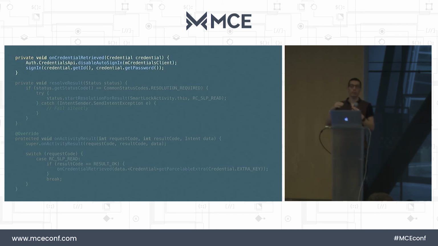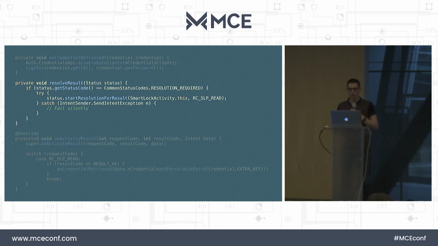But if you do that in a naive manner, you may end up in an auto-login loop. Let's say you auto-login, you log out as a user, and you will be auto-logged in once again; you log out, and you will be auto-logged in again. That's the reason why the API in Google Play services offers you disableAutoSignIn, which will prevent this loop, because it won't auto-login automatically the next time after you log out.